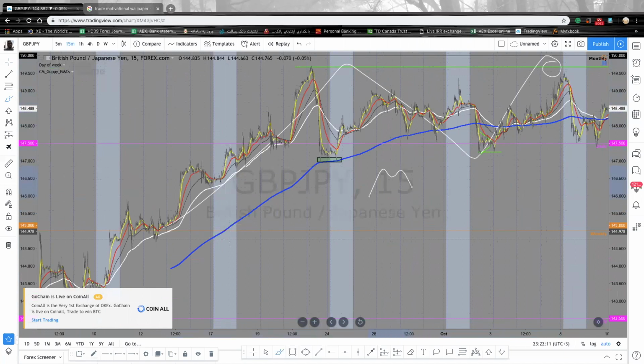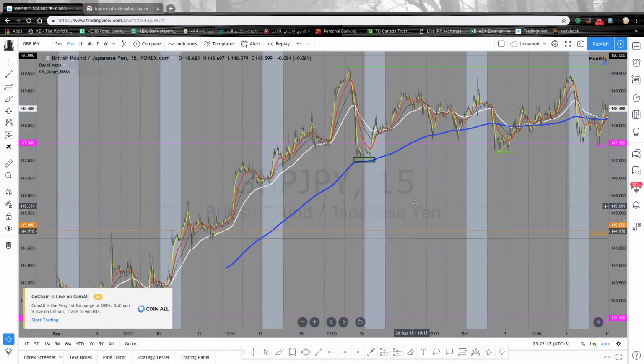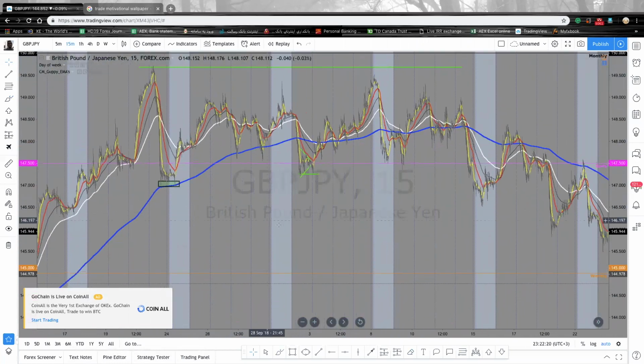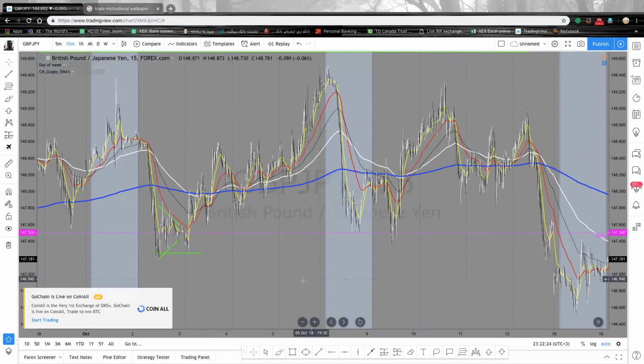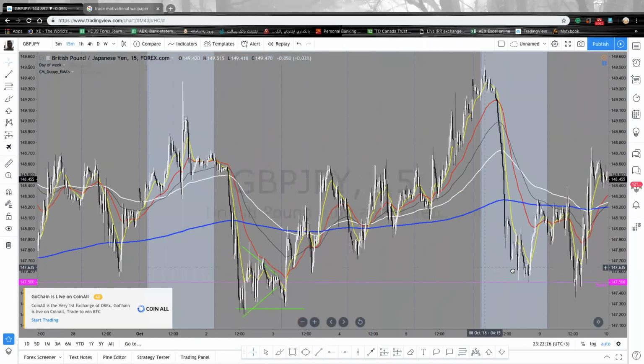I don't even go to those zones, but that's just a big M, and you can take advantage by knowing the structure of the market, how they move. Just think like a market maker. Don't think like a retail trader.